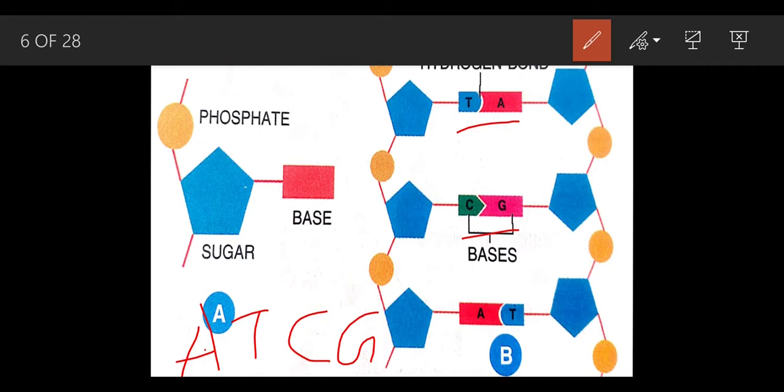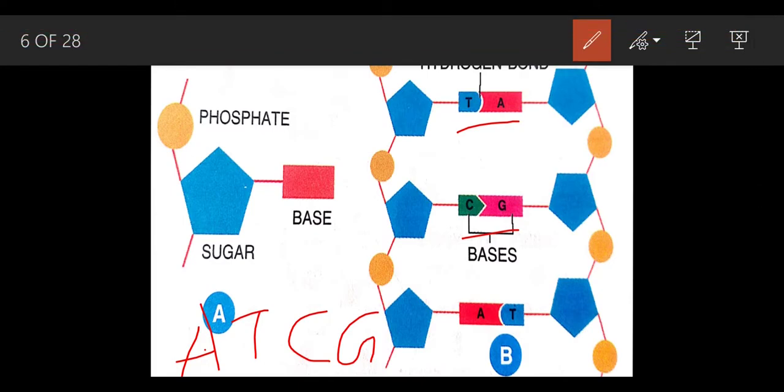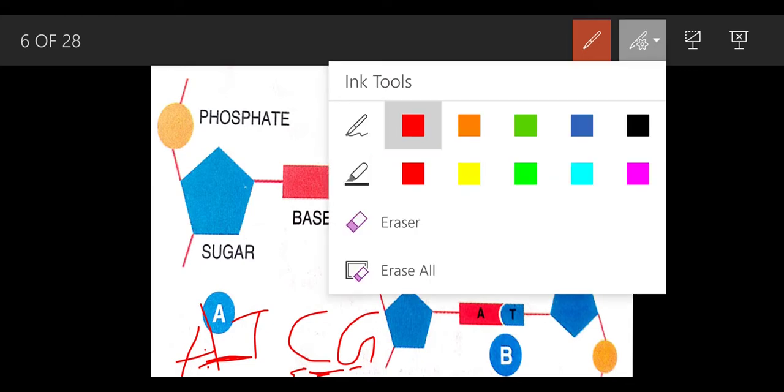Adenine, thymine, cytosine, and guanine. You can remember this ATCG as a shortcut like this also: AT means at, C means Chembur, and G for Gymkhana. At Chembur Gymkhana. Understand one thing clearly.